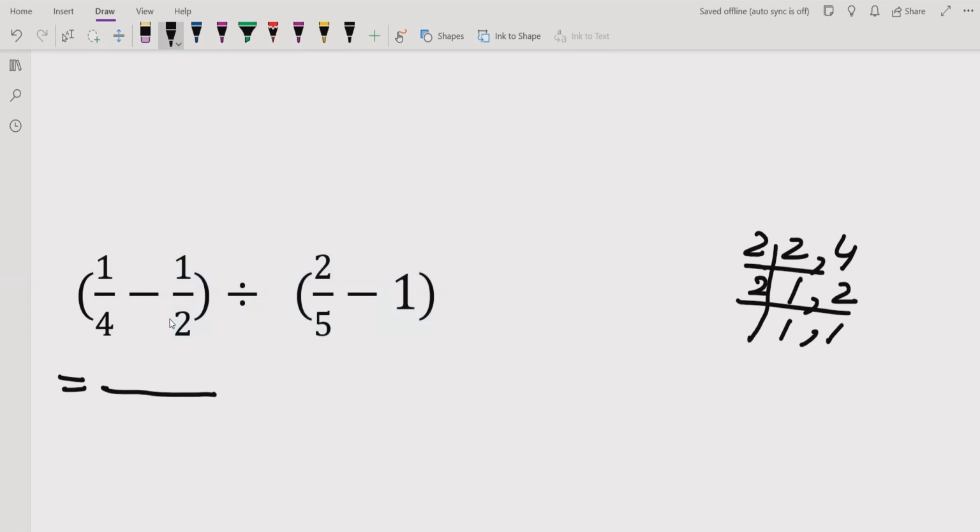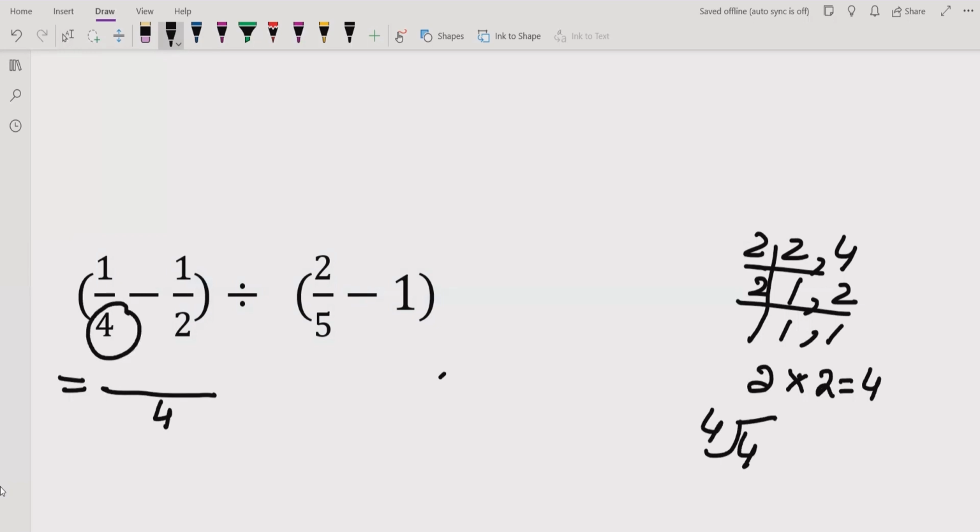So we have 2 multiplied by 2 equals 4. It means that 4 is the LCM, and when we divide this 4 with this 4, 4 ones are 4, and this one we have to put outside. So 4 ones are 4, here we have the 1 answer.